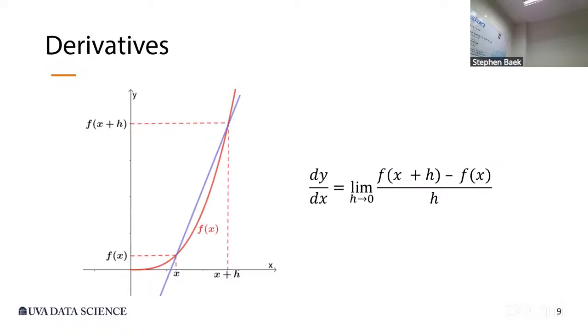Before that, let me mention a few things. This is the theoretical definition of the derivative. If you have a function f, and you want to take the derivative of f at a given x, then this is essentially how you take the derivative.